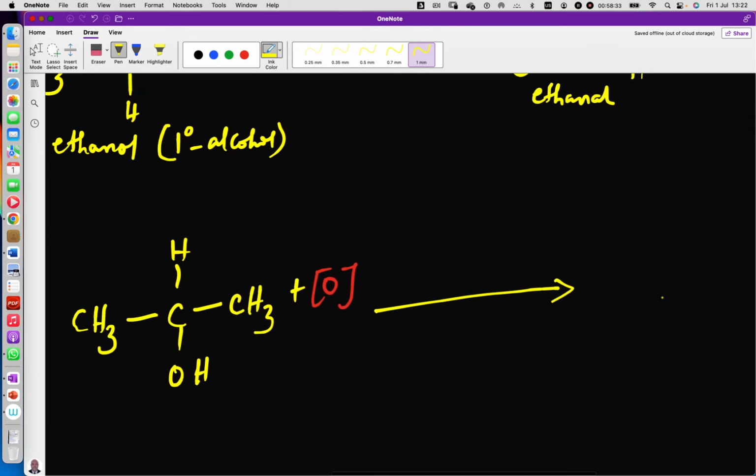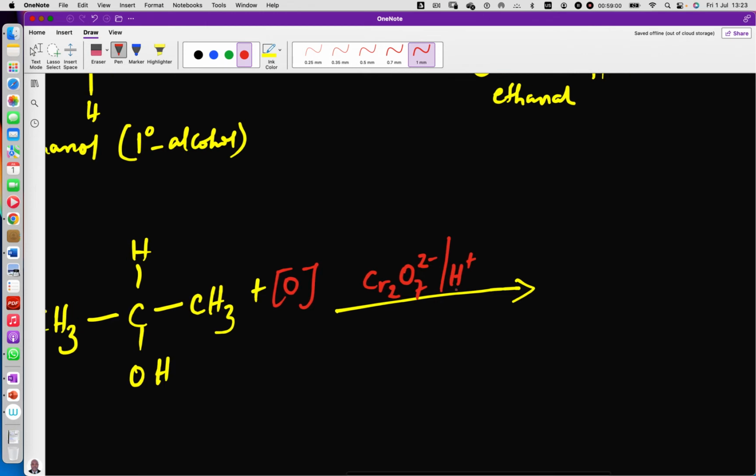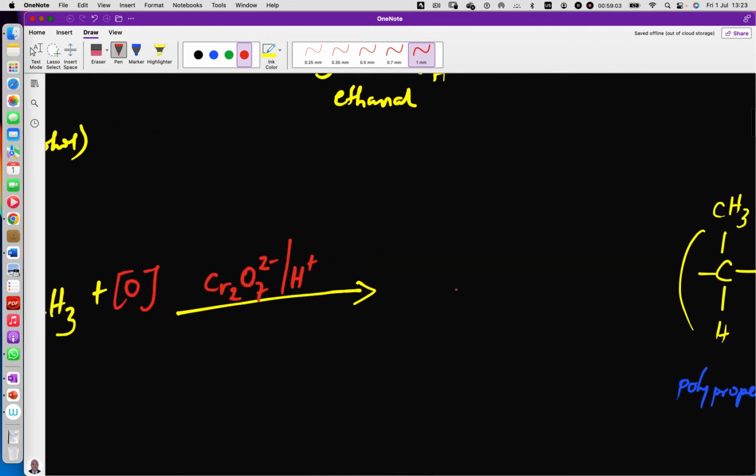Under the condition of oxidation, it is acidified potassium dichromate(VI).